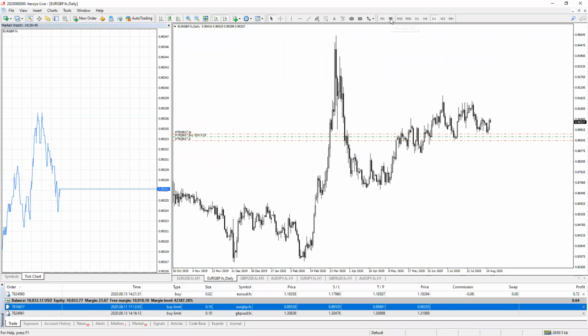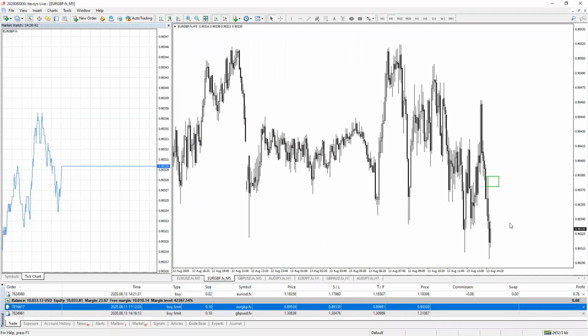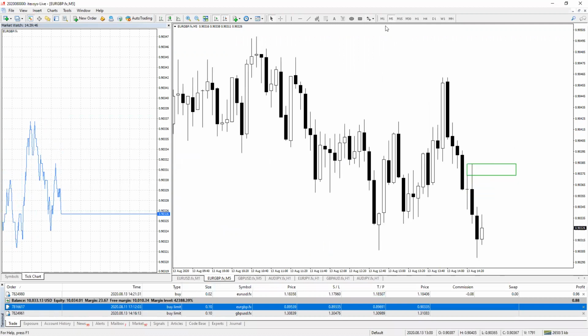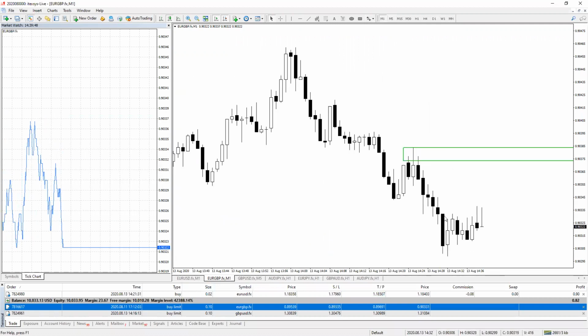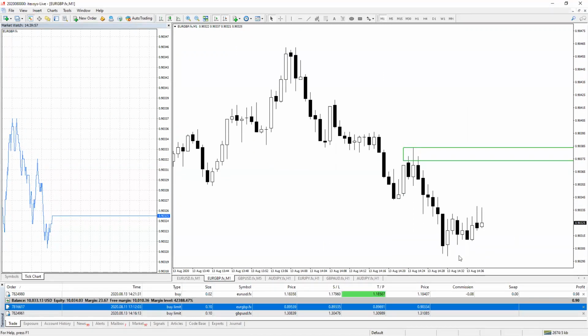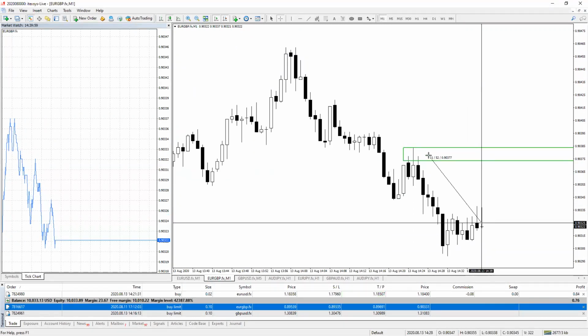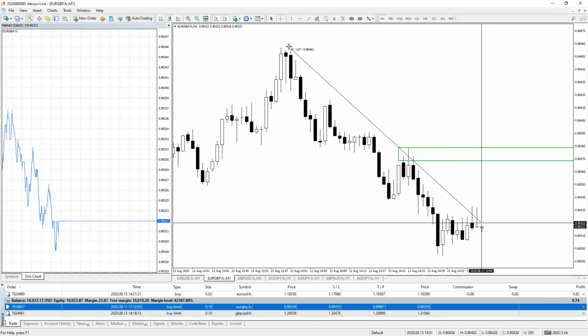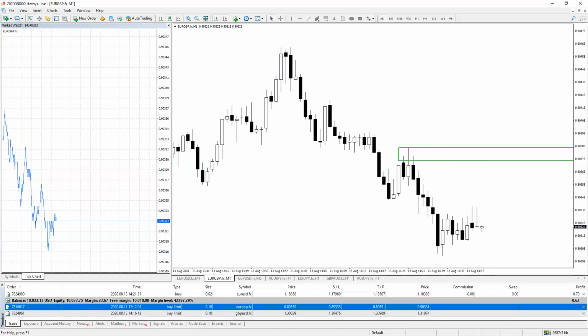Let's see here. Let's go back. That's M5. M1 is starting to accumulate some buys. How many pips here? Like 13.